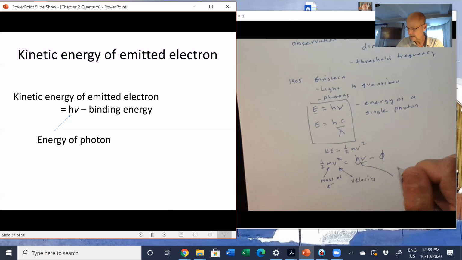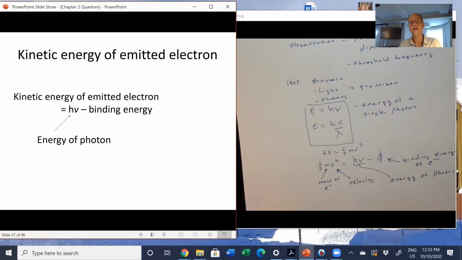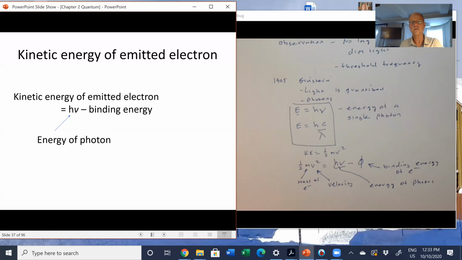h nu is the energy of the photon, and phi is the binding energy of the electron. The binding energy is the amount of energy with which the electron is held to the metal. So notice that the threshold frequency is when this energy is high enough so that this minus this is positive.